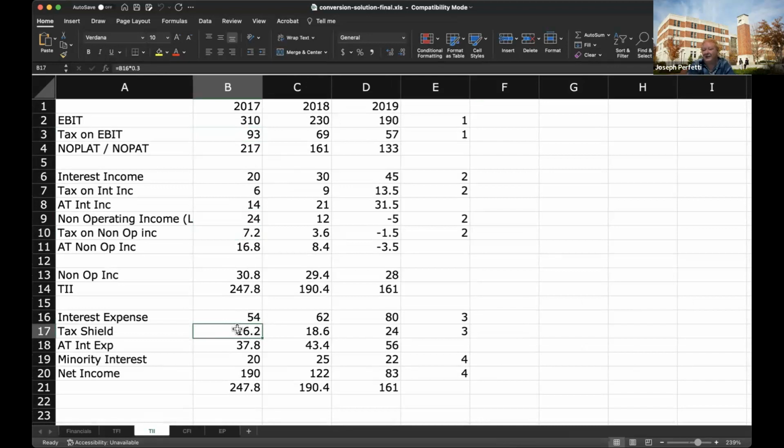That's why we have to use an effective tax rate. Questions about that? All right, questions about the TII in general? At least for the people that were asking me questions, they didn't really have trouble with this statement. They had this one balancing.